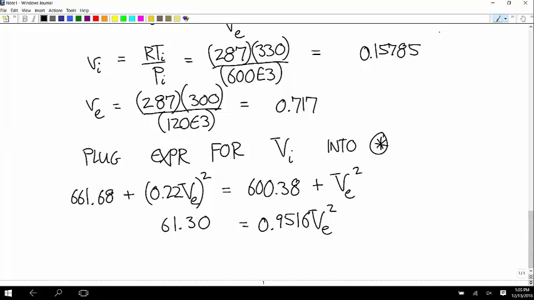And so what's the speed at the exit? 64.42. Oh, it's slow. .03 meters per second.